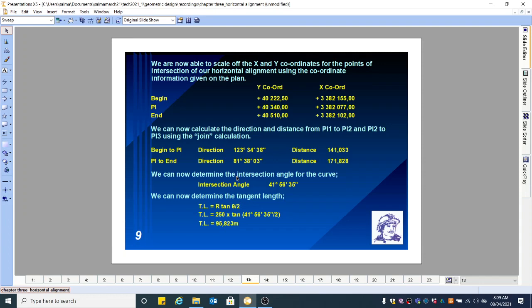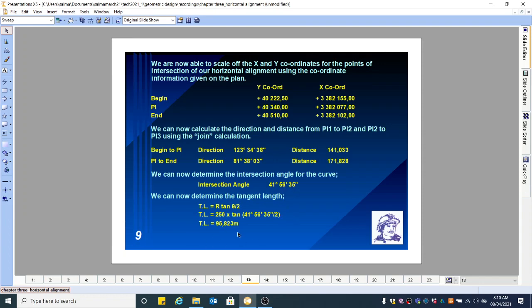In terms of the formula for horizontal alignment, the tangent length is given by R times tan theta over 2. We calculated R in a previous slide, the minimum R, and we said we're going to be using 250, multiplied by tan of theta over 2. We just calculated theta to be 41 degrees 56 minutes and 35 seconds. We divide that by 2.